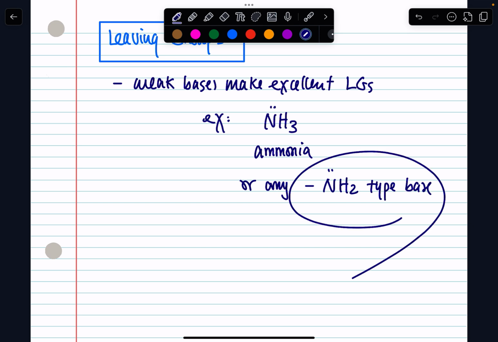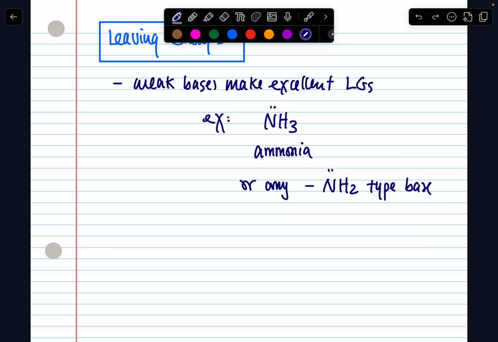So most amine-based bases are weak bases, which would make them really good leaving groups.